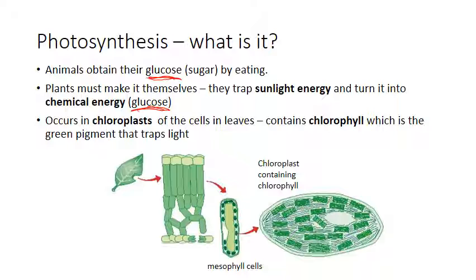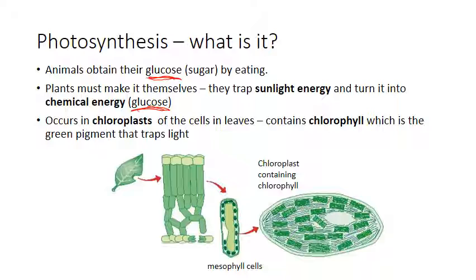We actually need to eat glucose or consume it from an outside source. That might be by eating another animal, for example, like chicken or lamb or beef, or it might be from eating other plants. So plant cells, carrots, potatoes, vegetables, fruits, that sort of thing.